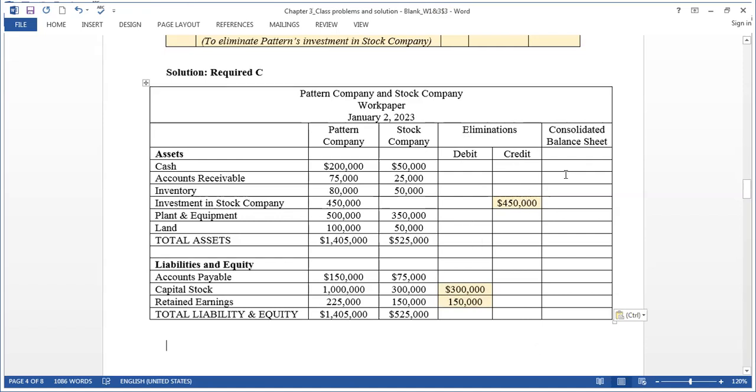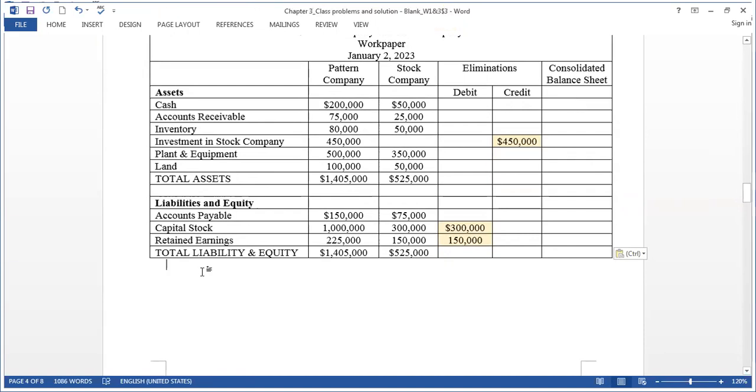Now remaining, we should have assets, liabilities, and the parent company's equity. Okay, so here, last class, if you remember the formula, we are going to apply this formula. If you have all debit, then you have to do plus. If you have all credit, we should plus it.